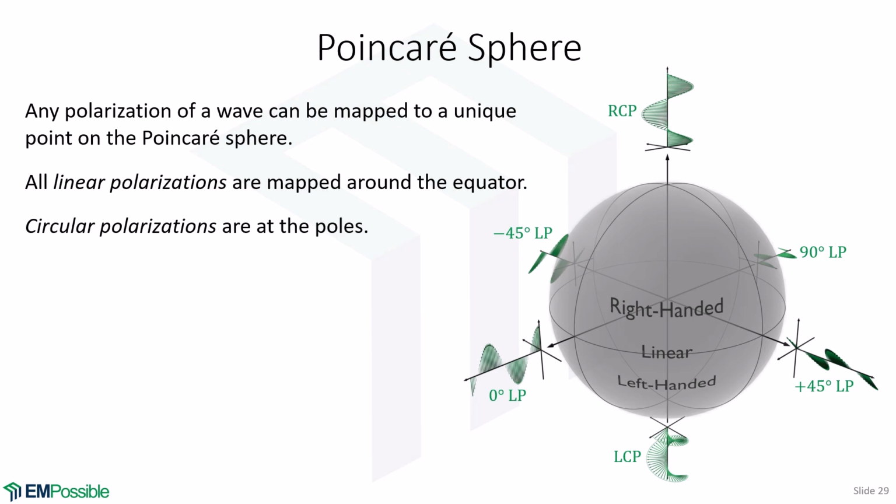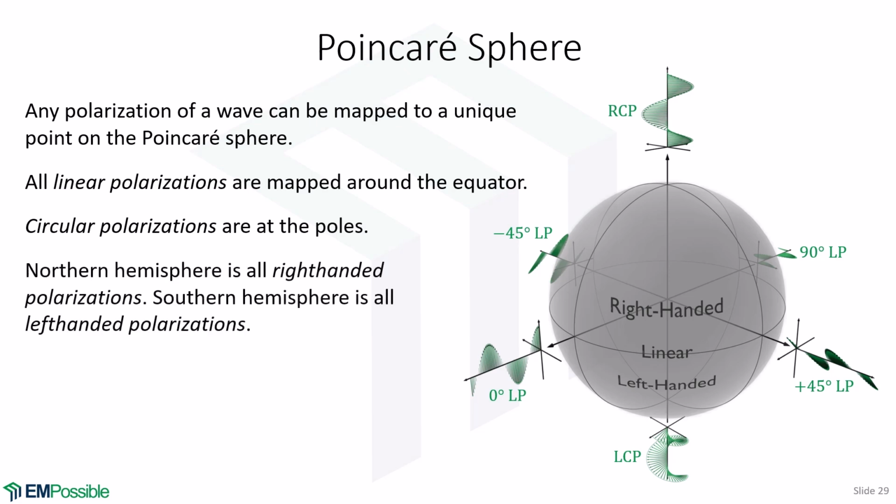Next, the circular polarization. A perfectly right-handed circularly polarized wave is at the North Pole, and a left-handed circularly polarized wave is at the South Pole. That means the whole northern hemisphere is all right-handed circulating type polarizations, and the southern hemisphere is all left-handed.